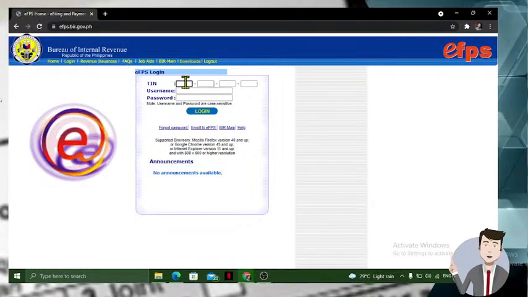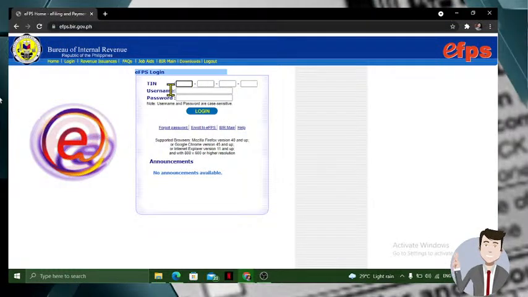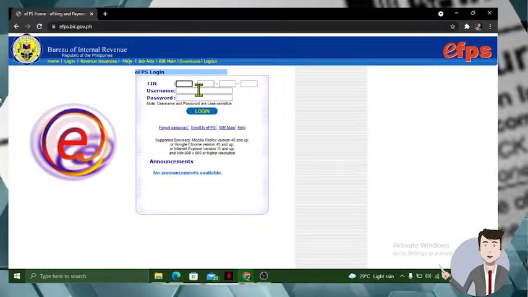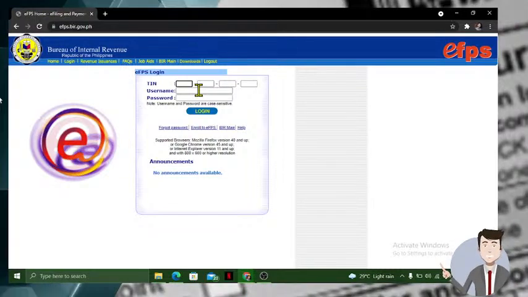That is, you have to have a TIN, then you register your business in the EFPS facility. Okay?